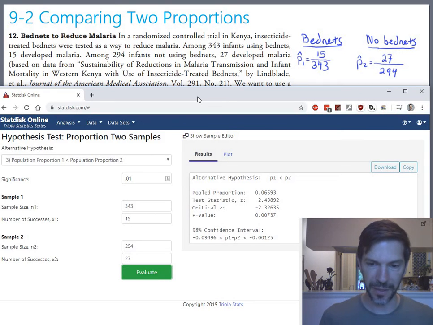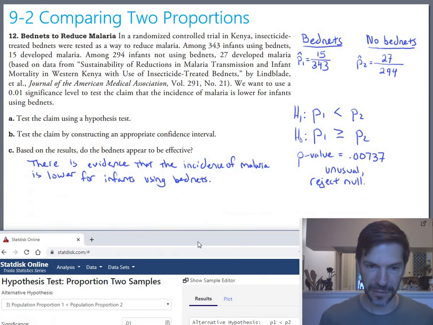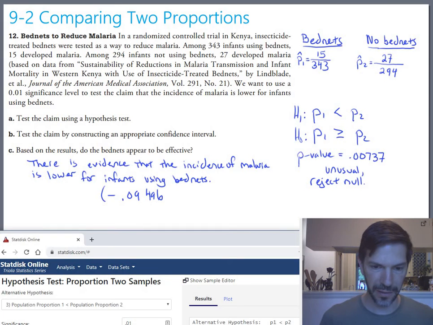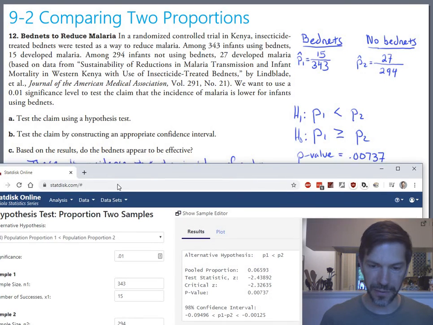Okay. I'm not going to be able to remember that, but I'll give it my best shot. Let's see, did I get it? -0.09496, yep. And to -0.00125.